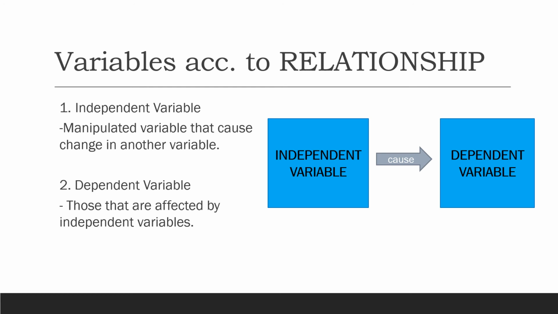For example, pag tinaasan mo ang independent variable mo, anong magiging result nito sa dependent variable mo? Pwedeng umakyat din ang ating dependent variable, ang results, pero pwede ring bumaba. Okay? Basta maapektuhan ng independent variable si dependent variable. Siya ang dahilan kung bakit magkakaroon ng pagbabago.